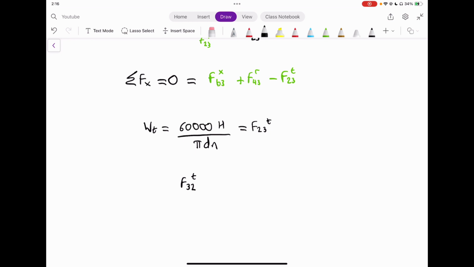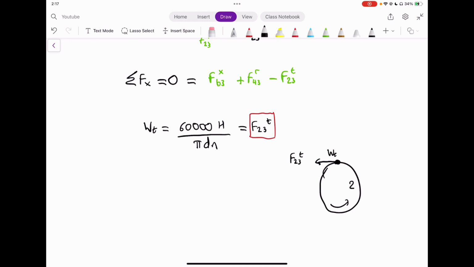Now, what we're interested in finding is actually F23T, and we know that that's the force, or the Wt, created by gear 2. If we look at gear 2 rotating in this direction, the Wt for gear 2 turns out to be F23T. It's the force that's actually happening onto 3. So we can find F23T through the equation above, and we know H, we know pi, we know d, and we know n as well.